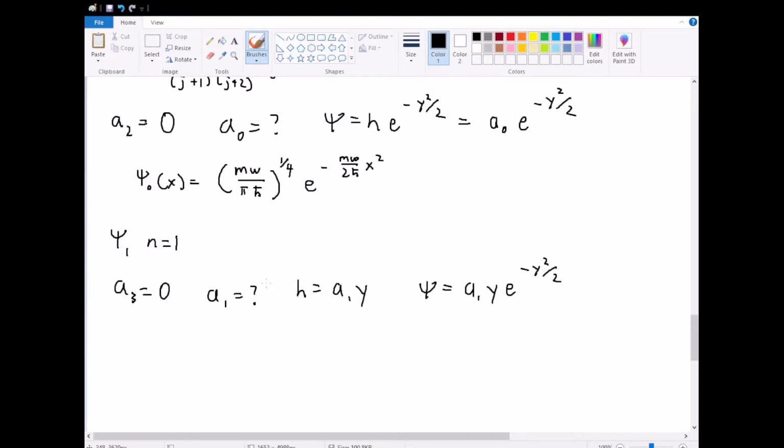Once again, we can do the same thing with psi 2. So psi 2 gives us n equals 2. We have a naught equals whatever it is.